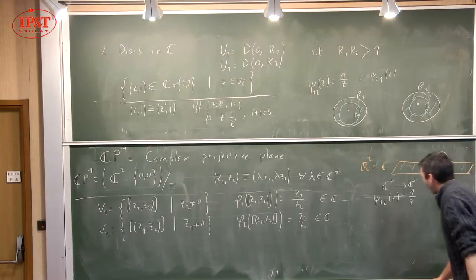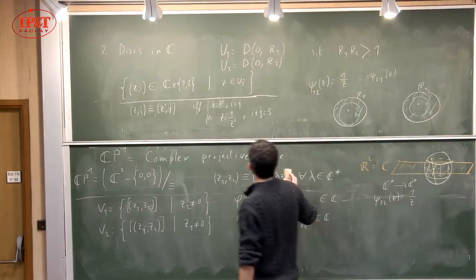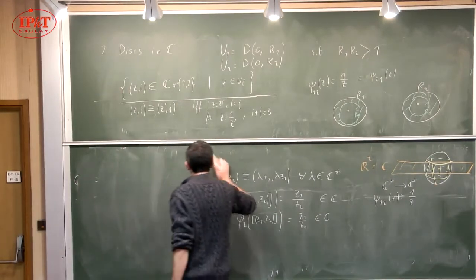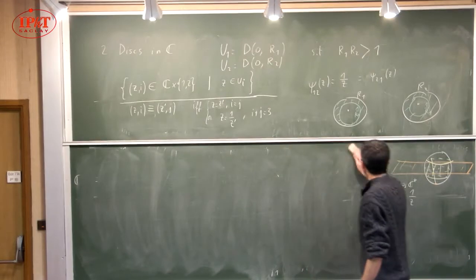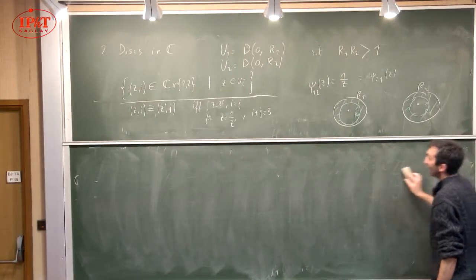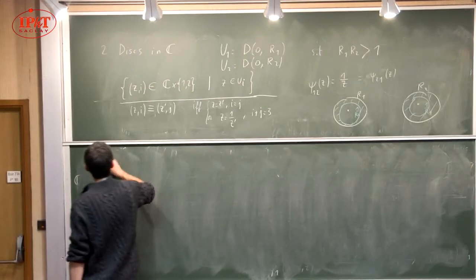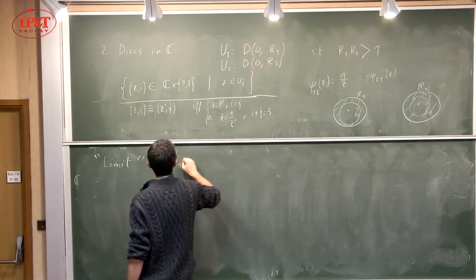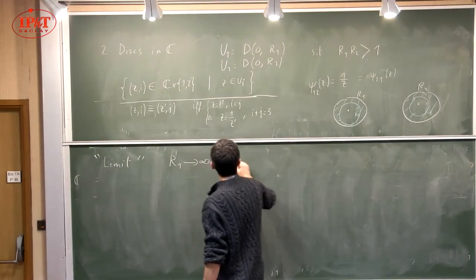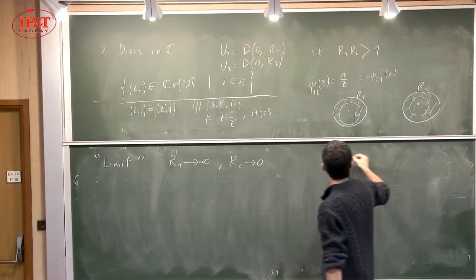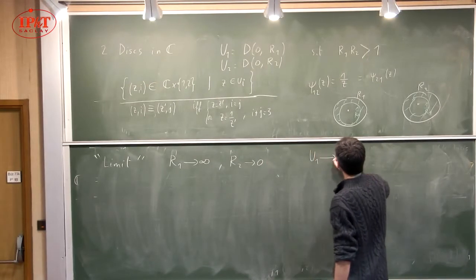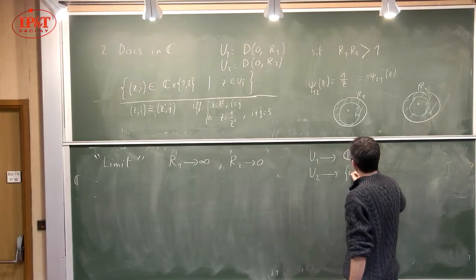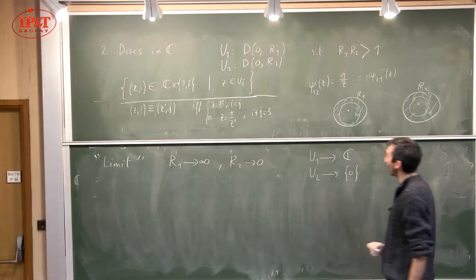So now what's interesting is that you can take the limit when R1 goes to infinity and R2 goes to 0. So consider the limit, in quotation marks, R1 goes to infinity and R2 goes to 0. So somehow U1 tends to become the whole C, whereas U2 tends to become only one point, 0.